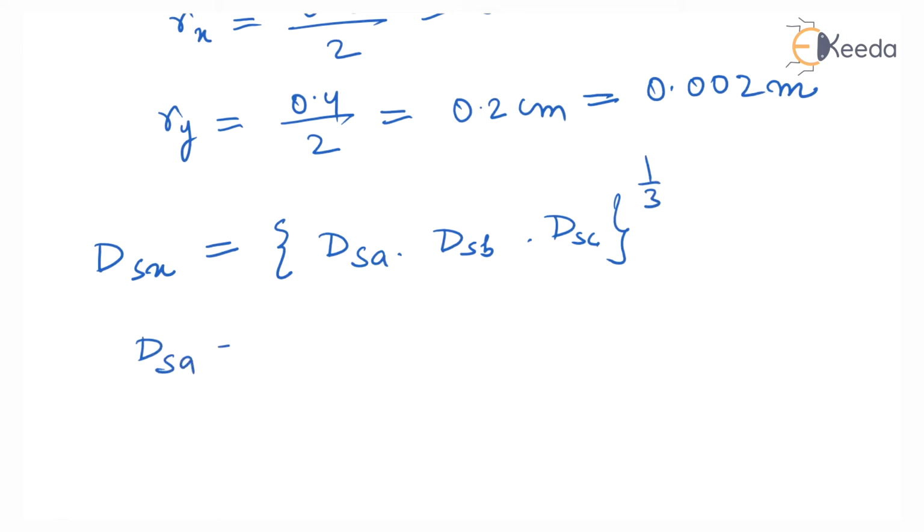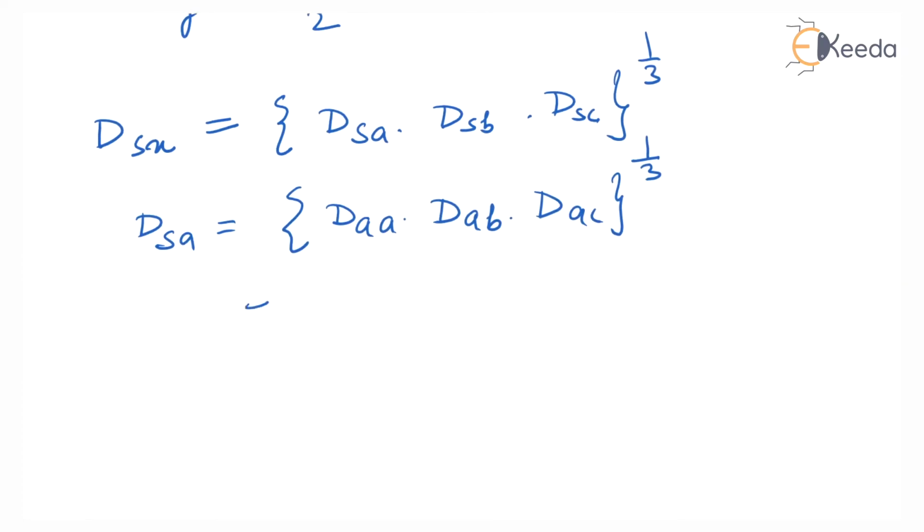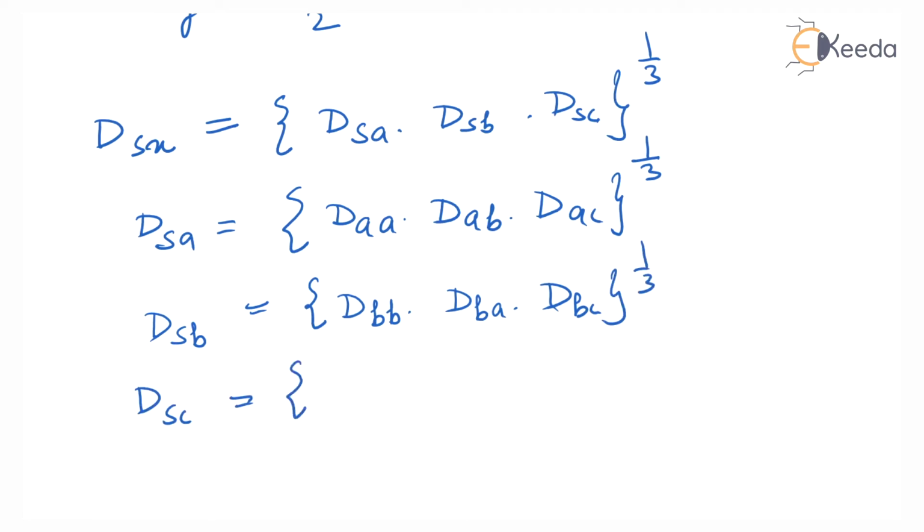Now DSA is equal to DAA into DAB into DAC to the power 1 by 3: the distance from A to A, A to B and A to C. Now similarly, for SB this is equal to distance BB into B to A into B to C to the power 1 by 3. Now for C, this is equal to CC, C to A, C to B to the power 1 by 3.